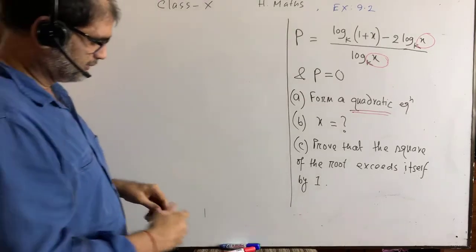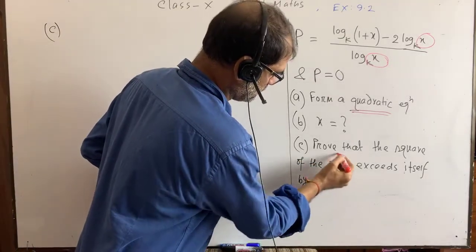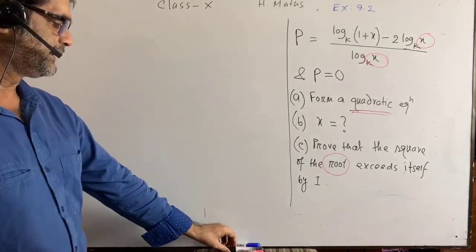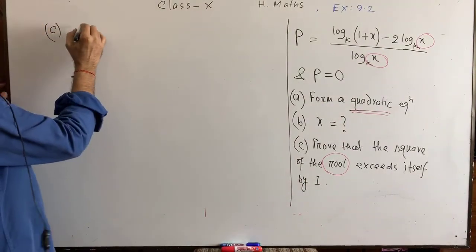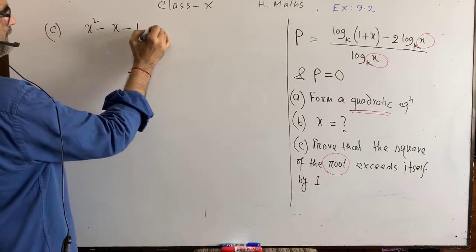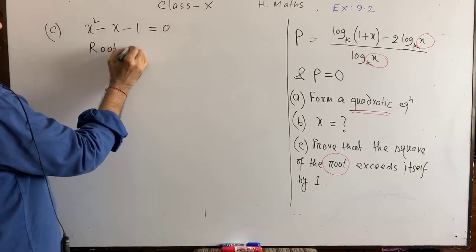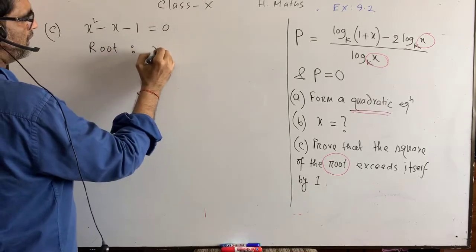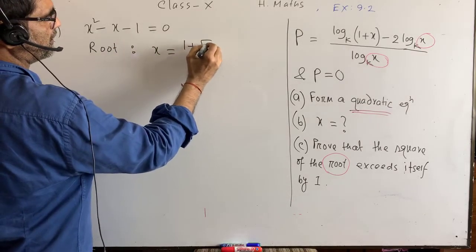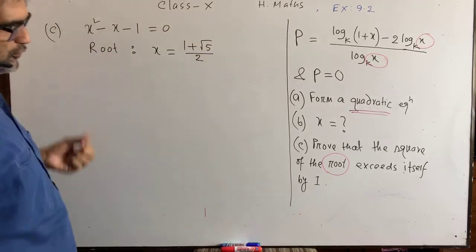Here I have written something, perhaps you have given emphasis on the word root. What is the equation? The quadratic equation is x square minus x minus 1 equals 0. We are getting the root. What is the root? x is equal to 1 plus root 5 by 2. What is told here?